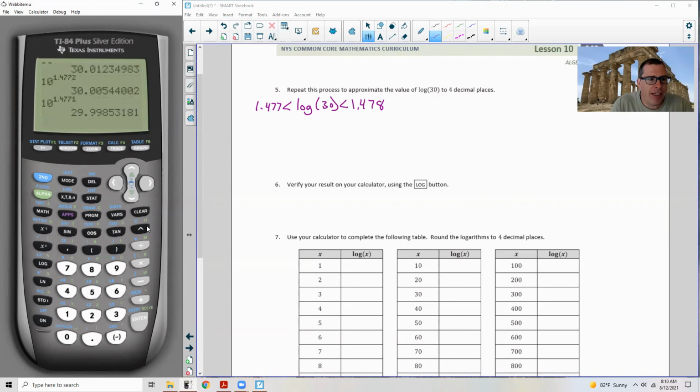So if I started at the beginning, I would have gotten it on the first two. So 1.4772 is too much. So the 4th decimal place is this.